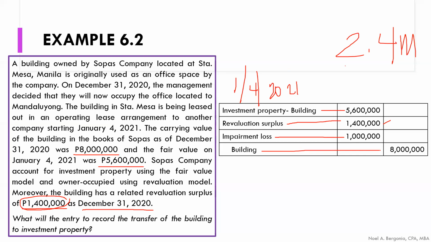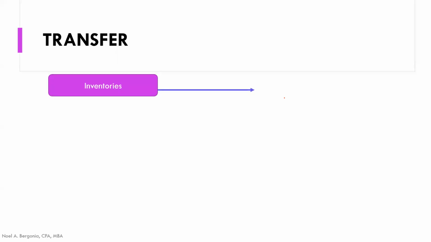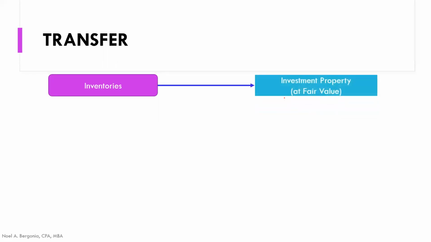So how about naman po, a transfer from inventories, which is wala namang ibang valuation yan kundi cost, lower of cost and net realizable value to the investment property at fair value model.